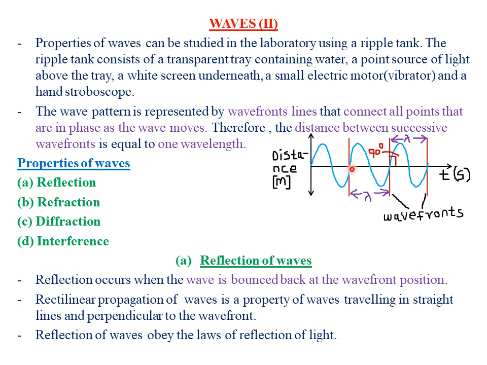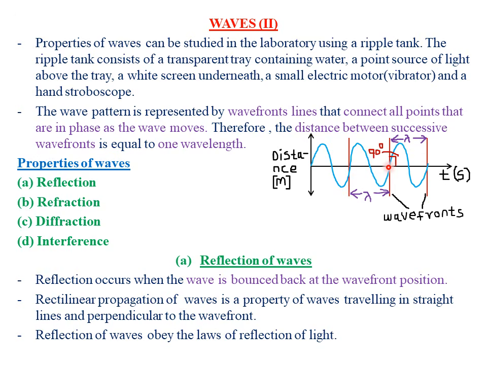Remember, a point will be in phase after a wave has formed a complete cycle. For example, if I start from this particular point, this is half an oscillation plus half an oscillation, so it gives us a complete cycle. After a complete oscillation has been formed, the second wavefront will occur.